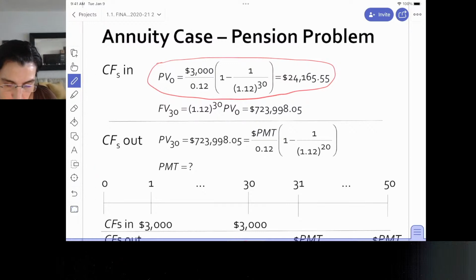So we're going to enter 30 into N. Into I will be 12%. Into PV, that's what we want. The payments are going to be 3,000, and they're out of my pocket, so I can put a negative in there.